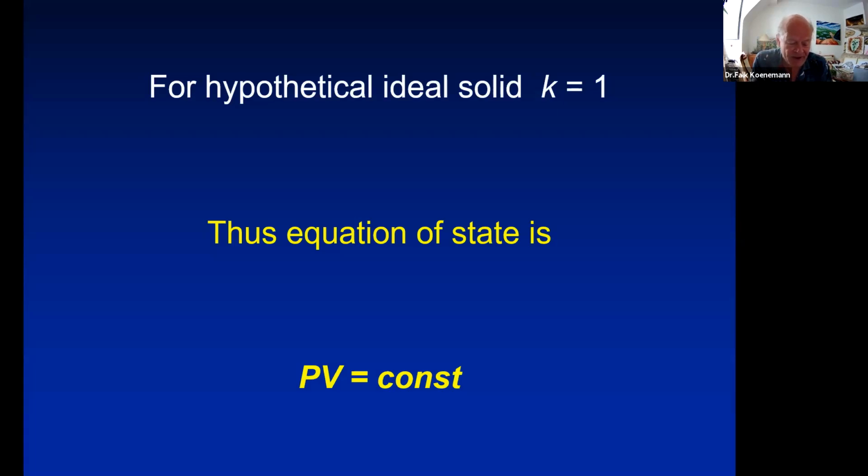This shows that my equation works, which is great, because now I can postulate a hypothetical solid that follows Boyle's law, which is mathematically very simple. And for real materials, the exponent is easy enough to find. We don't need it here.